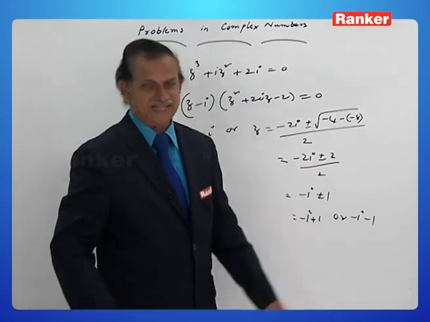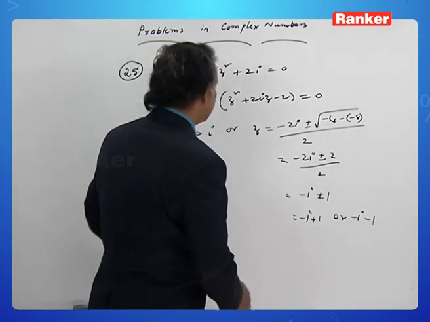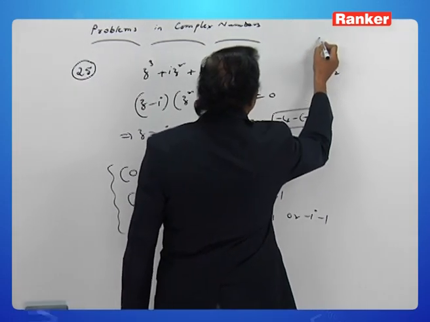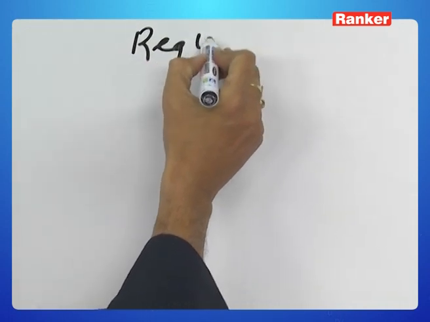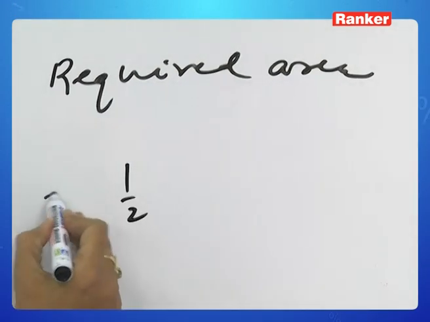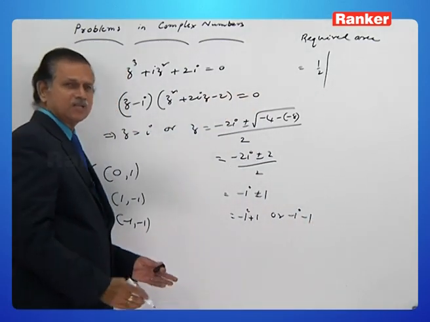If three vertices are there, we have a beautiful formula to have the answer. What is that? Required area is equal to half into determinant.